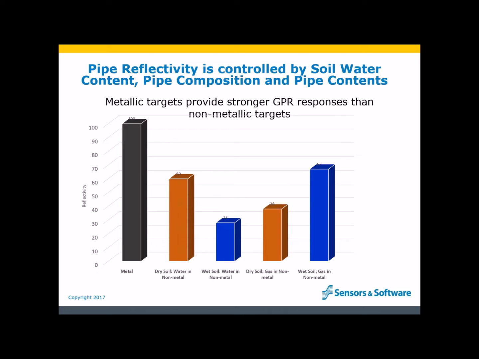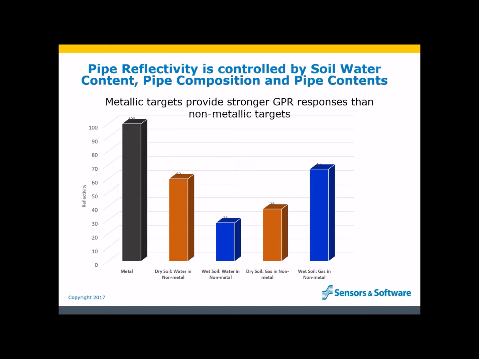GPR detects utilities because of the contrast they have with the surrounding soil. If the utility is made of metal, the reflection coefficient is 100%, as we've just discussed. What you may not realize is how GPR detects non-metallic utilities. The energy that reflects from a plastic pipe is not actually reflecting from the plastic.